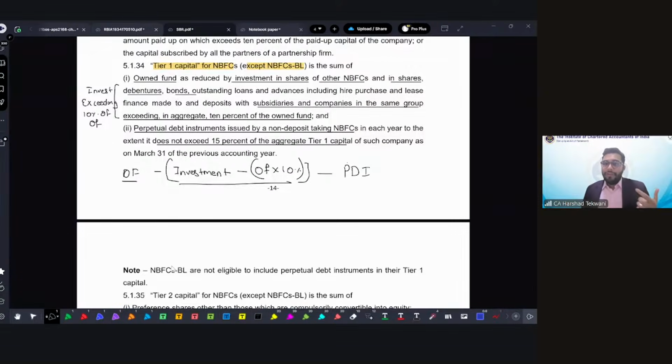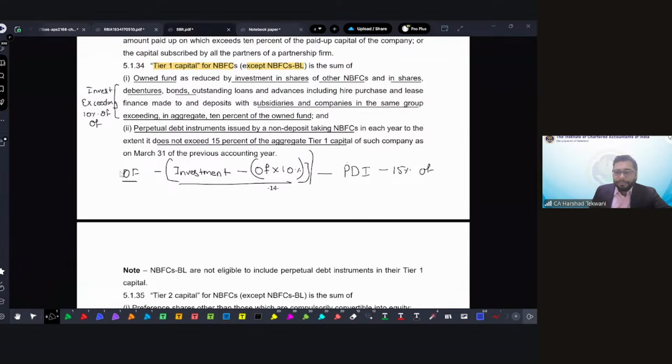Tier 1 capital is basically, after giving this impact, whatever we are calculating here.